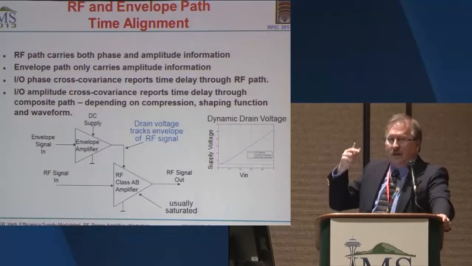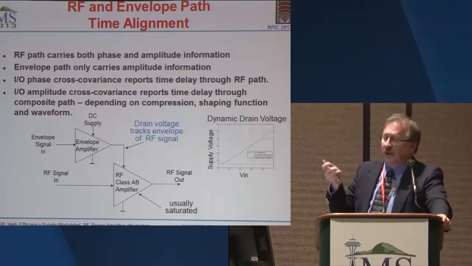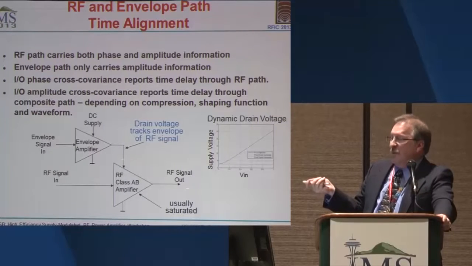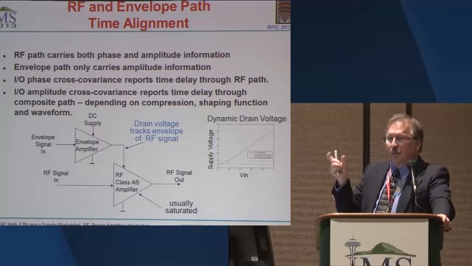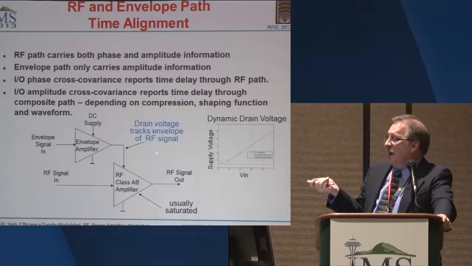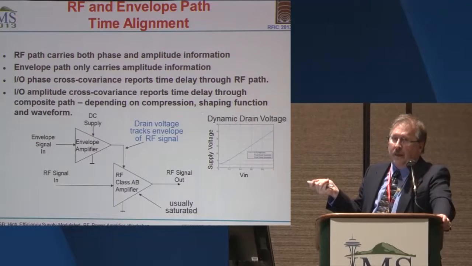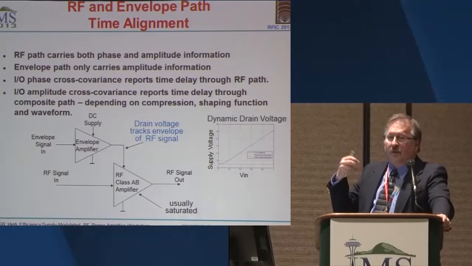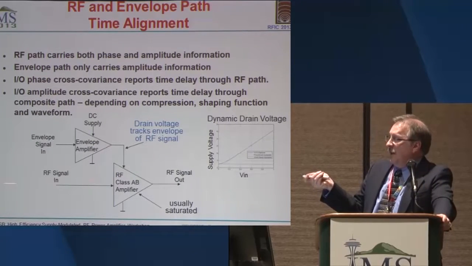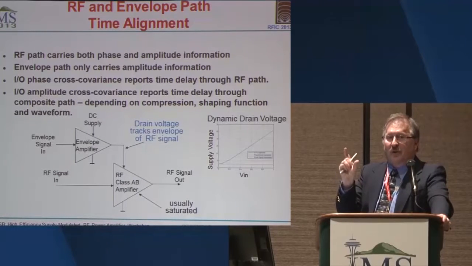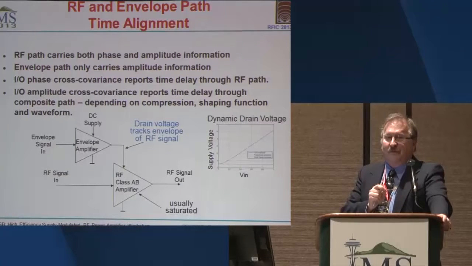So when we look at the magnitude cross covariance and we're running the RFPA well into compression, that time alignment difference between the input and output is going to be dominated by the envelope path. When I look at the phase, or the complex form, that time alignment offset is going to be dominated by the RF path. And so if I look at the difference of those two numbers, that's how much they're off.